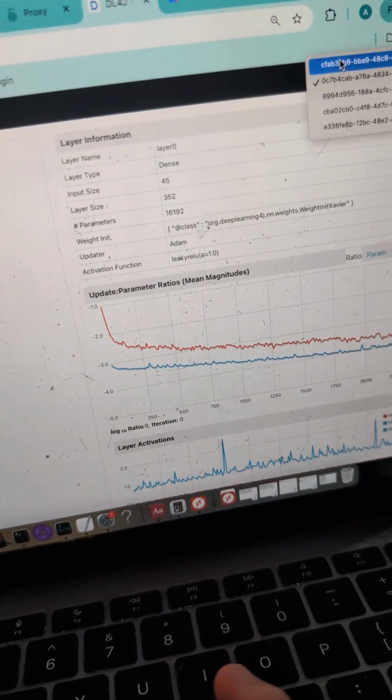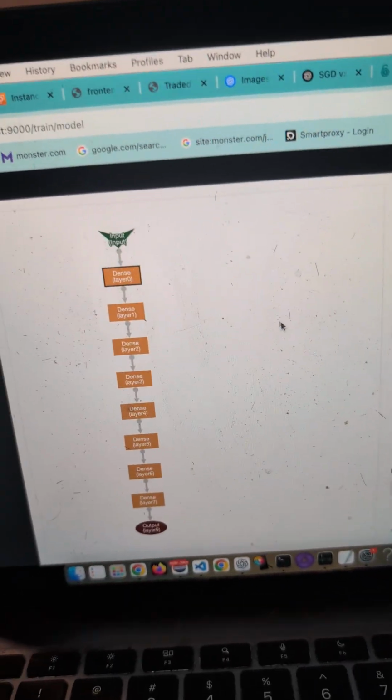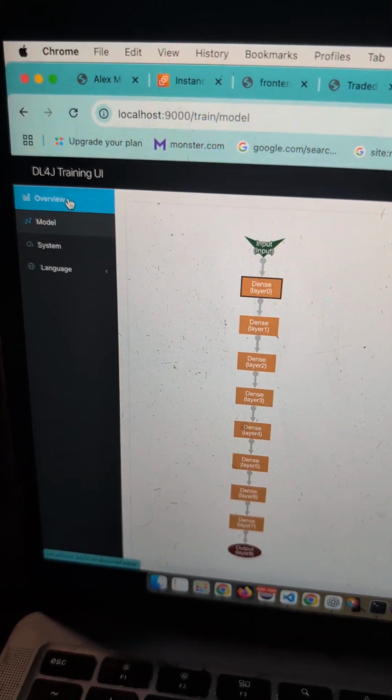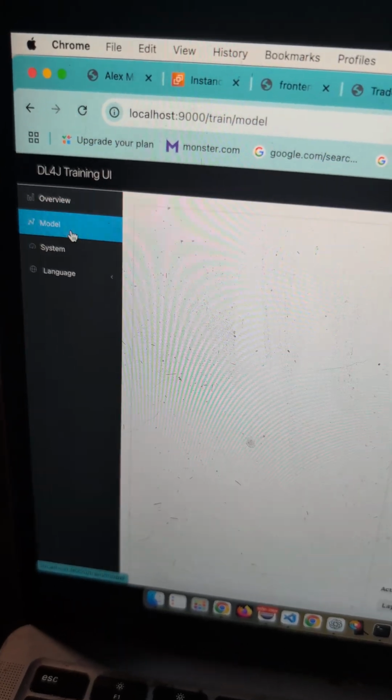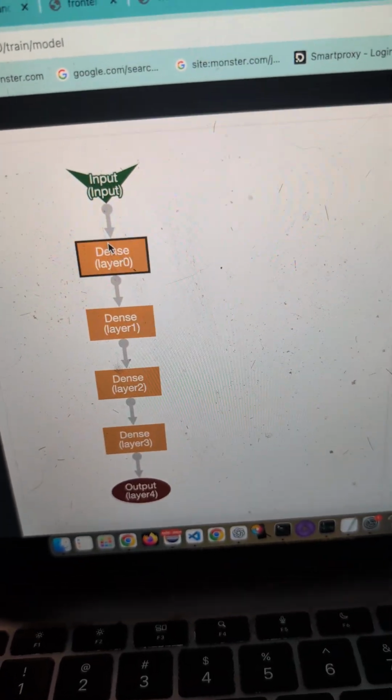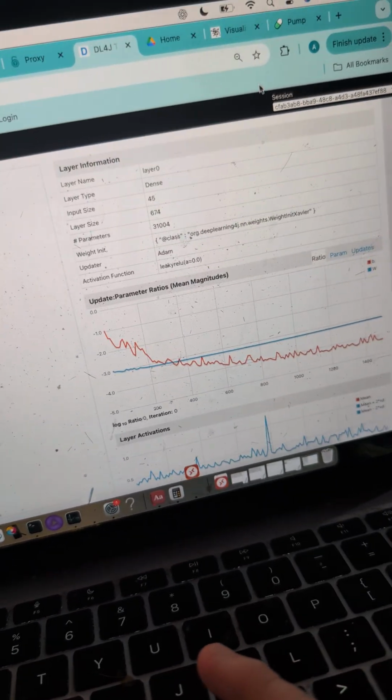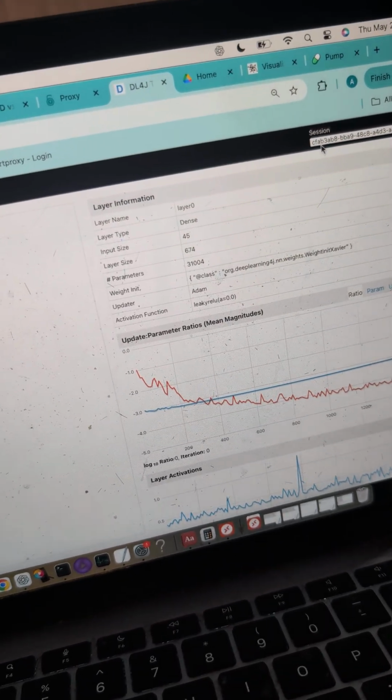Let's try to find one that has an alpha greater than 0 but less than 1. Okay, this isn't going to be it because this model's using a 0 alpha.